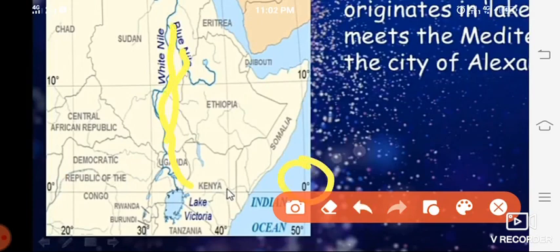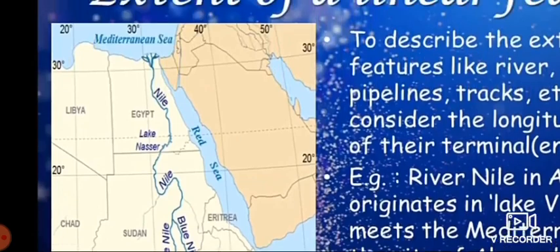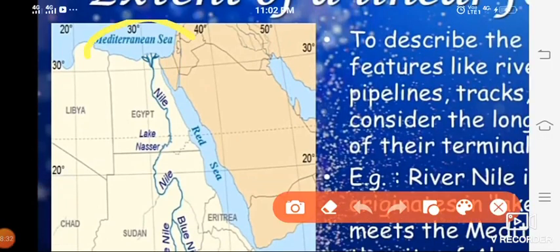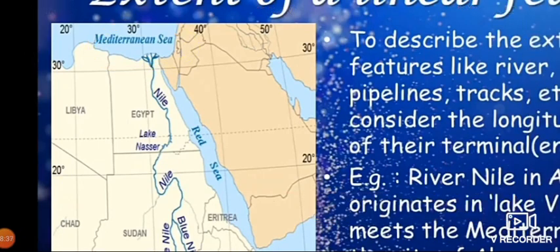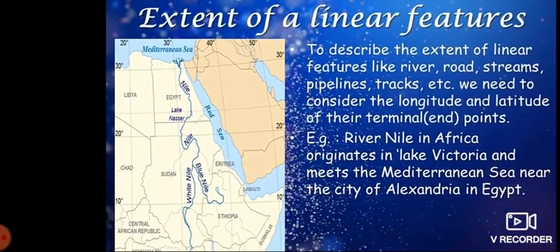Upward means which direction? Correct, northern. Now we'll see it is going up, and where is it meeting? The Mediterranean Sea. First, the river Nile in Africa originates in Lake Victoria and meets the Mediterranean Sea near the city of Alexandria in Egypt.